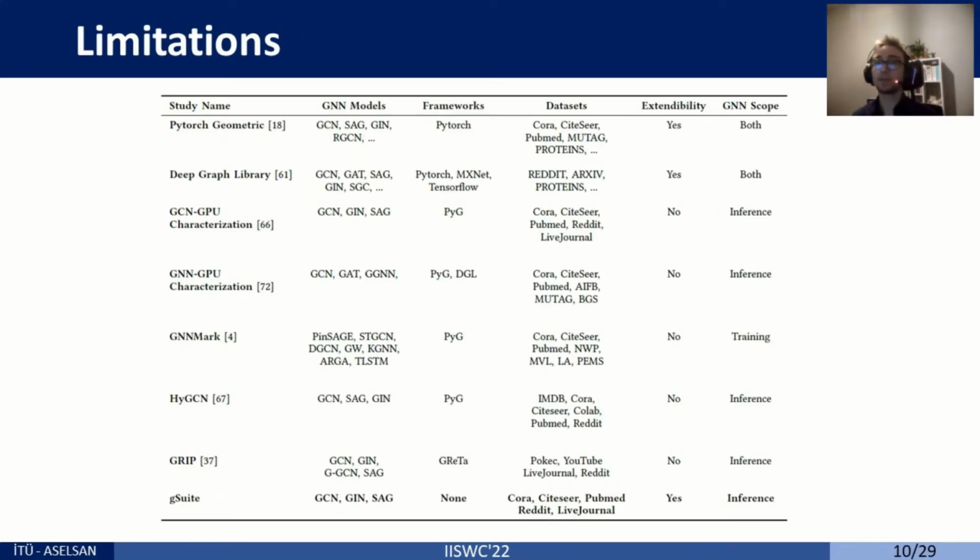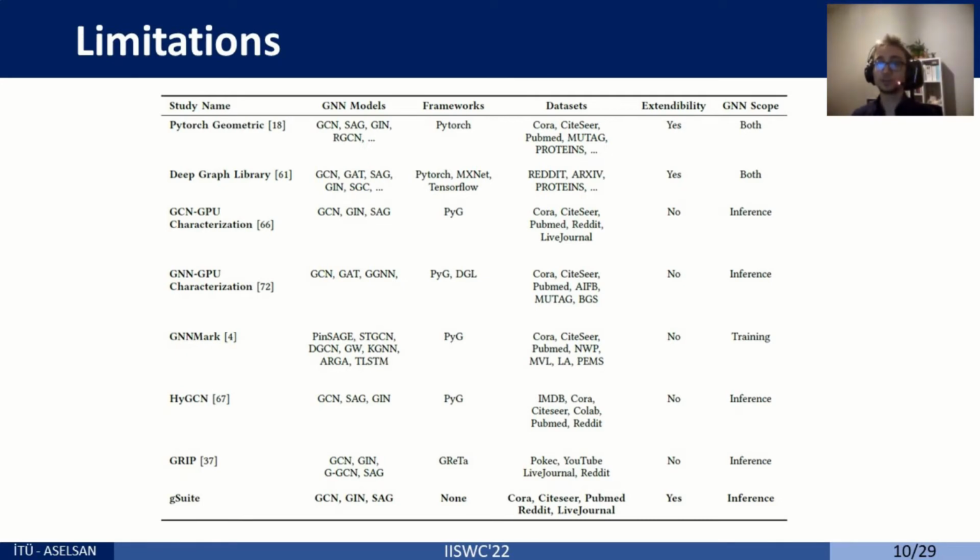There are a myriad of benchmarking and characterization efforts on GNNs. Here we take some frameworks, characterization studies, and benchmarks into consideration, and compare them in terms of some features. We observe that these studies contain a dependency to other frameworks and libraries, which complicates the performance evaluation.